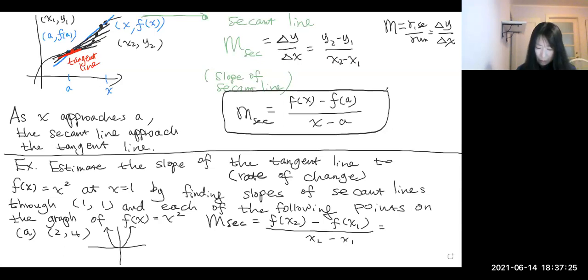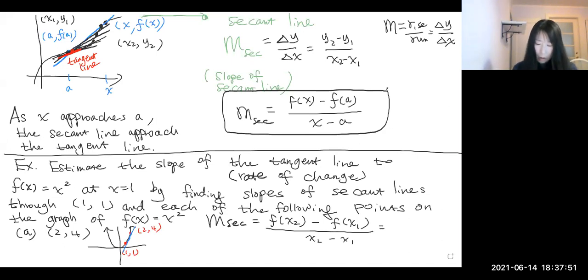I just follow (1, 1) here and (2, 4). So (1, 1), (2, 4), and then the secant.